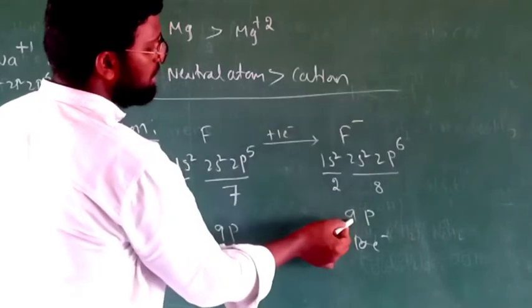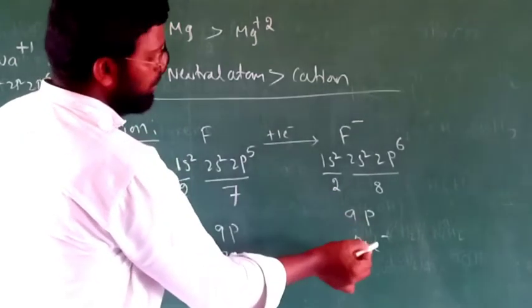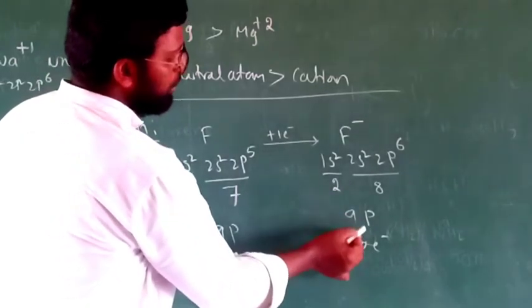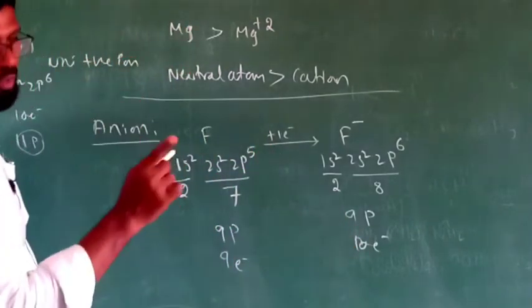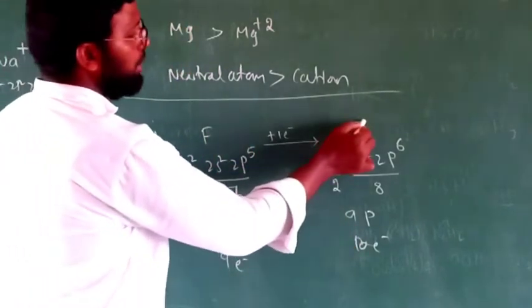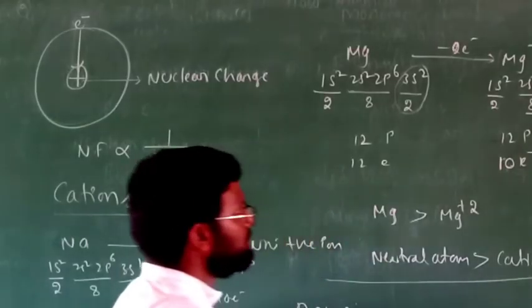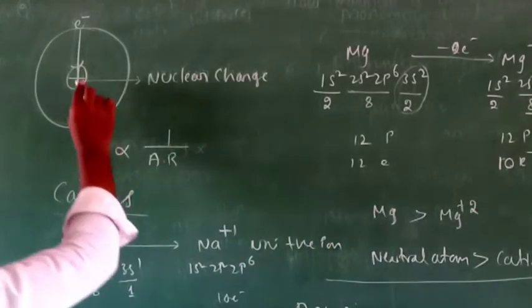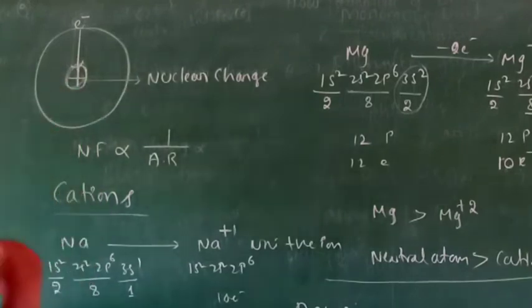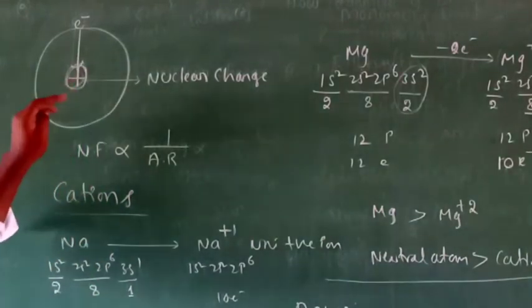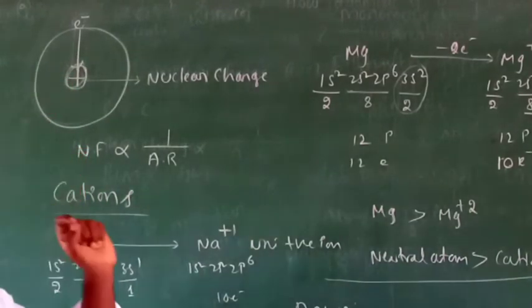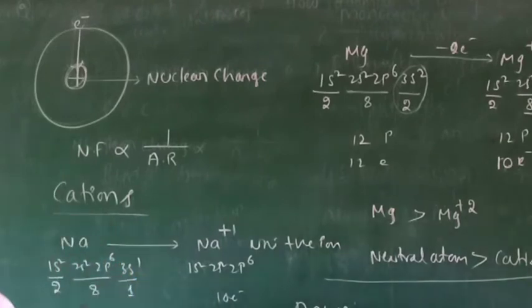How many protons are there here? 9. Number of electrons are 10. So electrons are greater by 1 unit, so it has got minus 1 charge. When the number of electrons becomes more, the nuclear force of attraction becomes less. When the nuclear force of attraction becomes less, the electrons feel free to move.